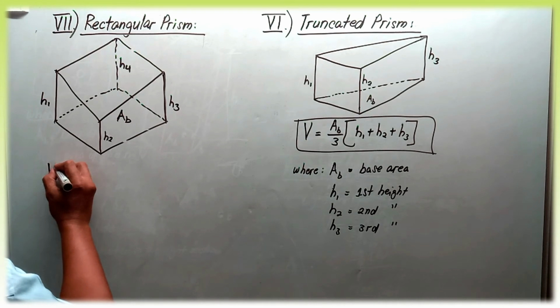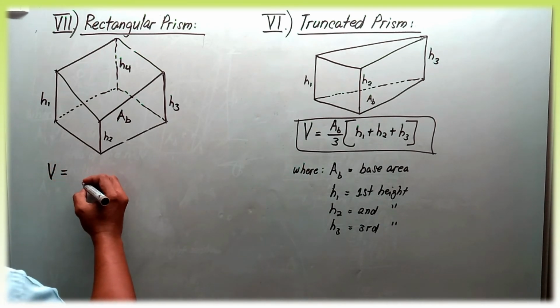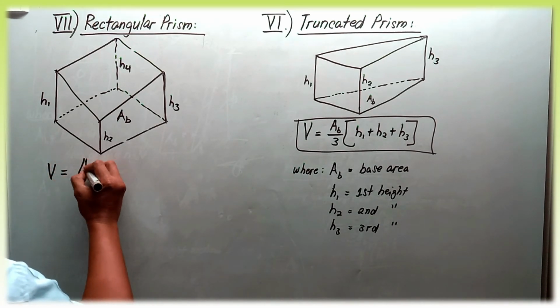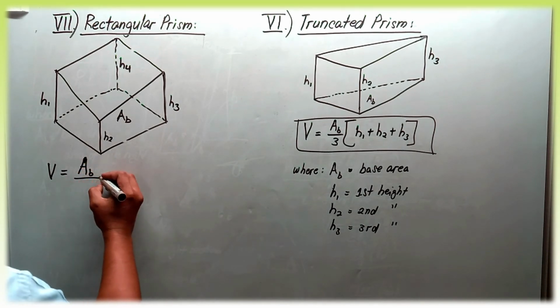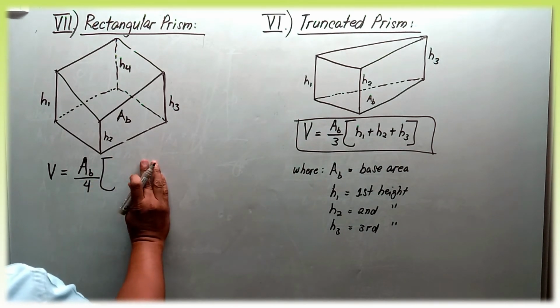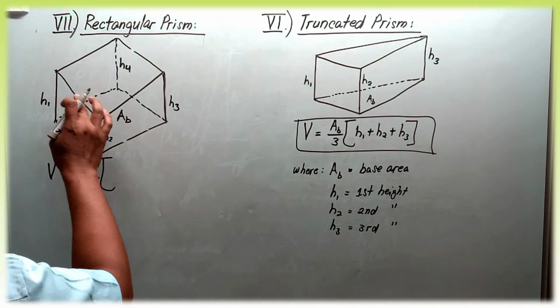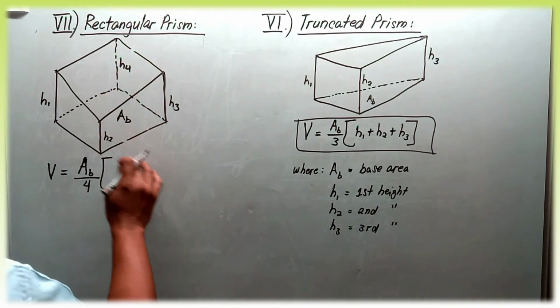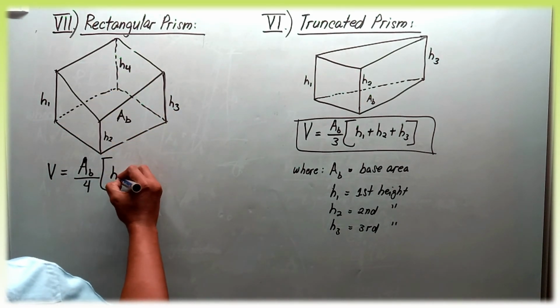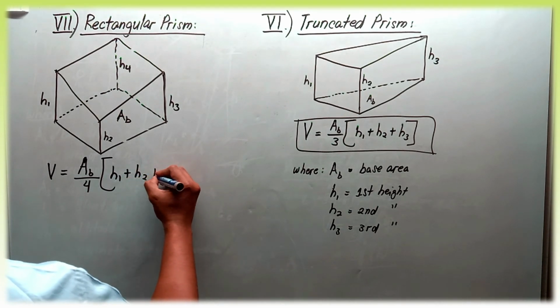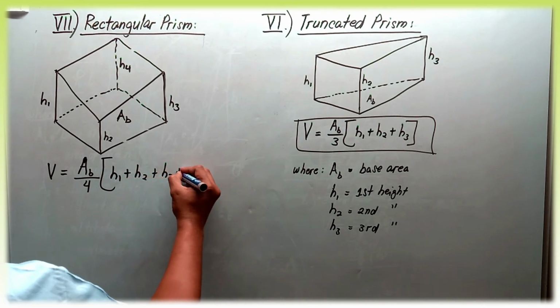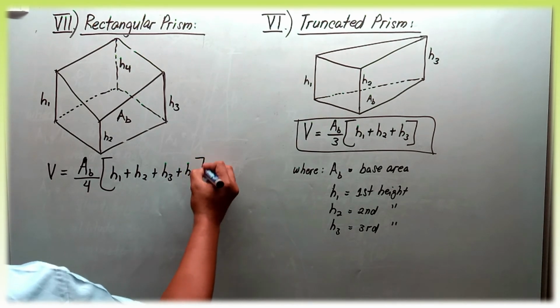Volume is equal to, again, area of the base over 4 times the summation of all the heights, H1 plus H2 plus H3 plus H4.